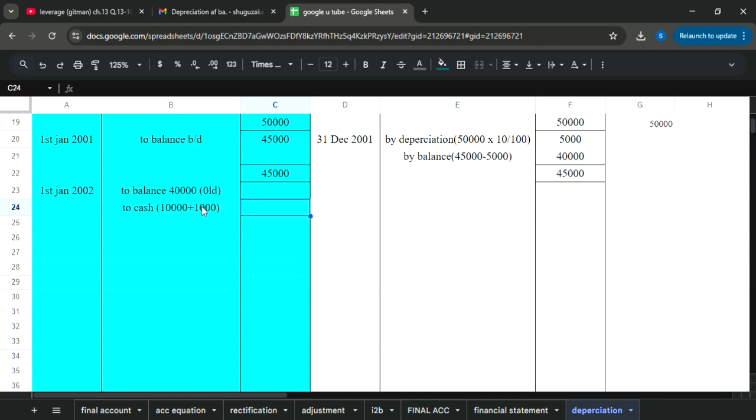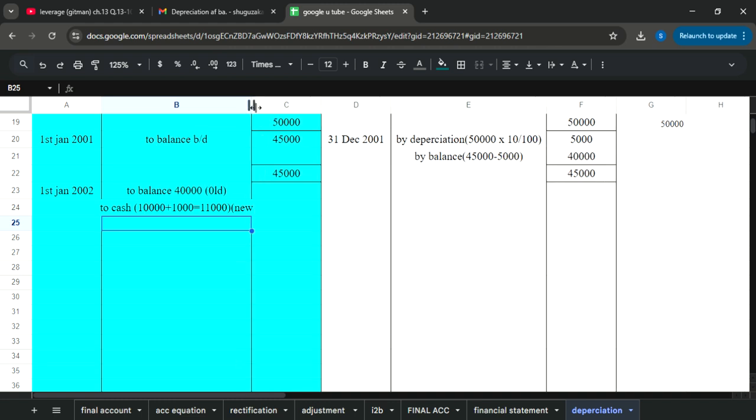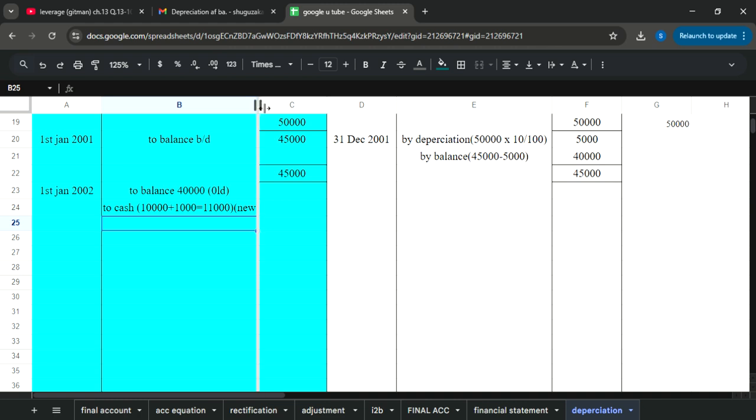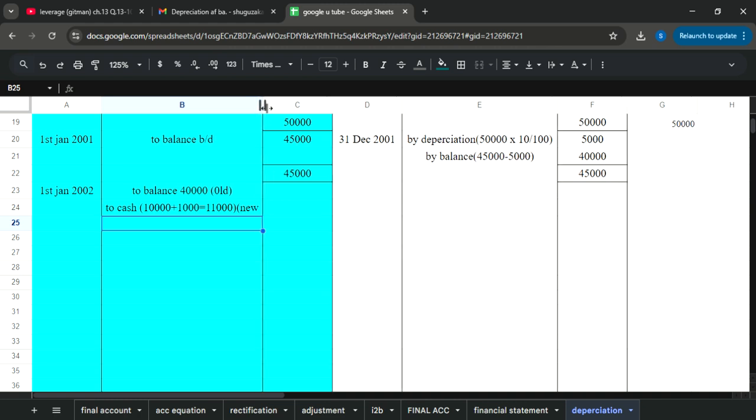So total worth of 11,000, and this is your new machinery. Alright guys, you will have to be very attentive to understand it. Now we have two machineries.